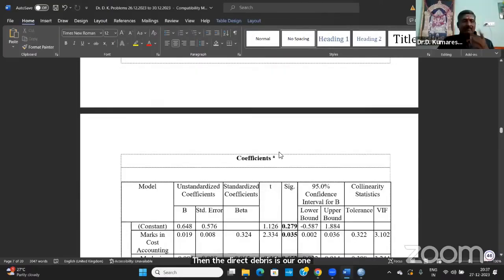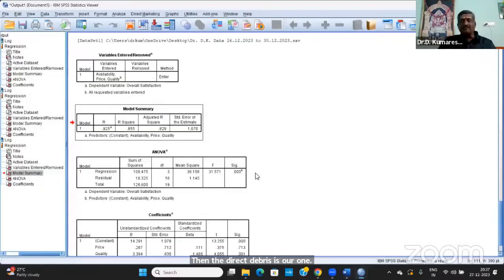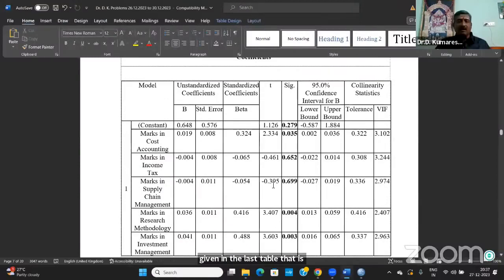ANOVA shows the level of significance of the independent variables jointly on the dependent variable. Then individual influence is given in the last table, that is coefficients.